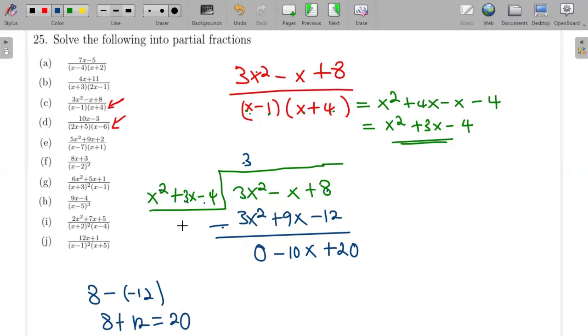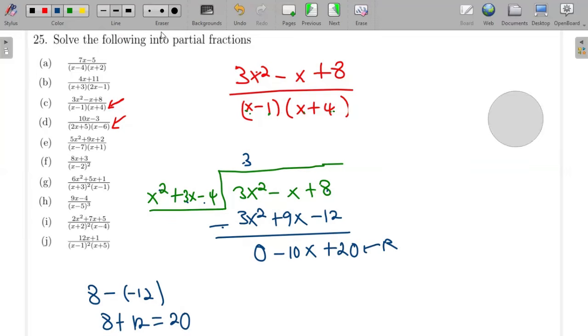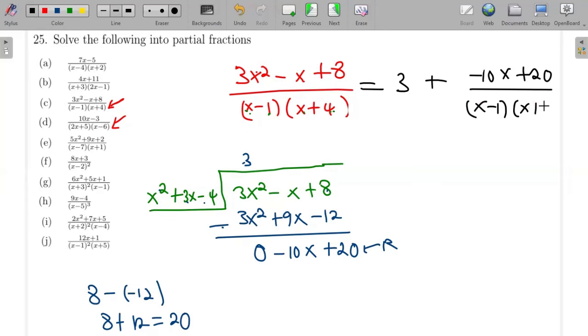And then I try to divide x squared into 10x. It can't, so this here is my remainder. So when I divide these two expressions, what I get is 3 plus the remainder, which is minus 10x plus 20, divided by the initial denominator that we had there, which is x minus 1 and then x plus 4.